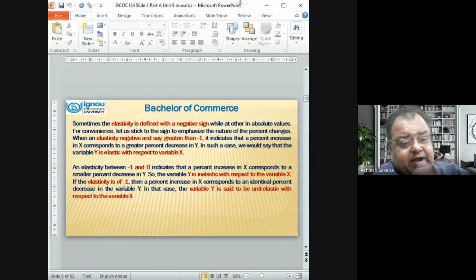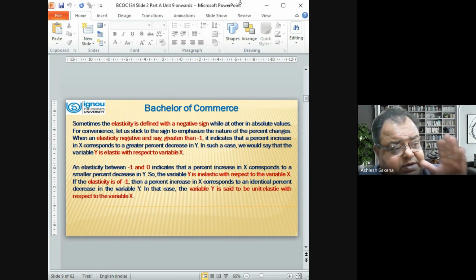When elasticity is greater than -1, it indicates that a percent increase in x corresponds to a greater percentage decrease in y. In such a case, we would say that the variable y is elastic with respect to variable x. An elasticity between -1 and 0 indicates a percent increase in x corresponds to a smaller percent decrease in y.